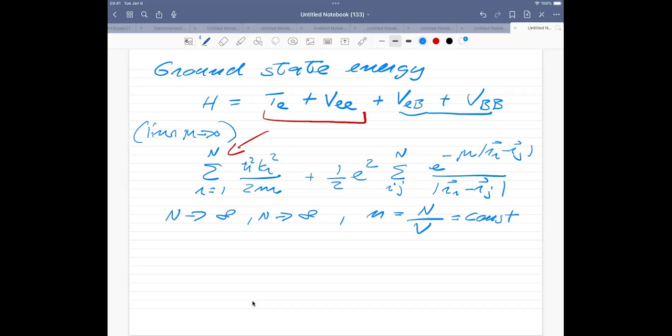Also, this volume is given by the length cubed of a box, so this is L, the side of a box in 3 dimensions. And we are going to assume now that this quantity mu times L is much smaller than 1.